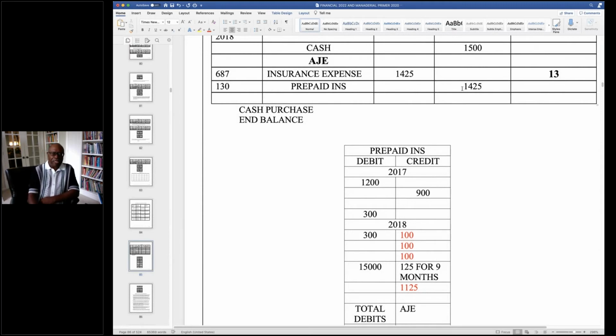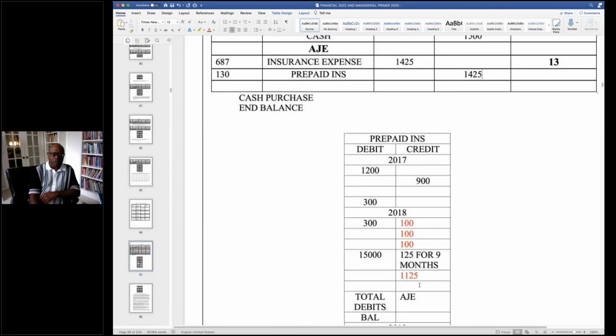Okay. So once again, we have the insurance expiring monthly. You pay for it in advance. It expires monthly. You pay it again here. It's expiring monthly at 1125.